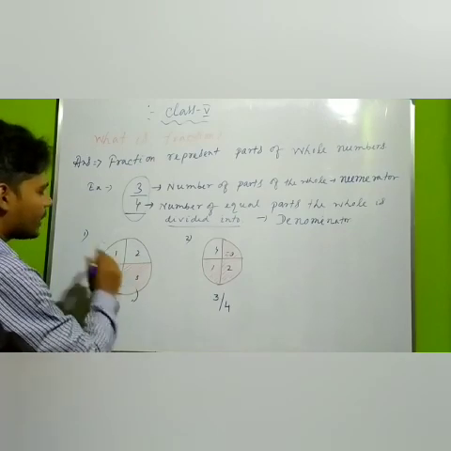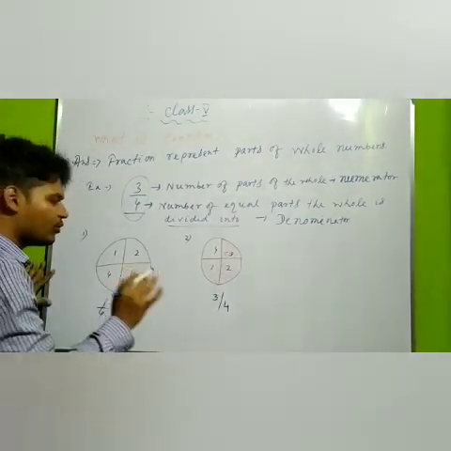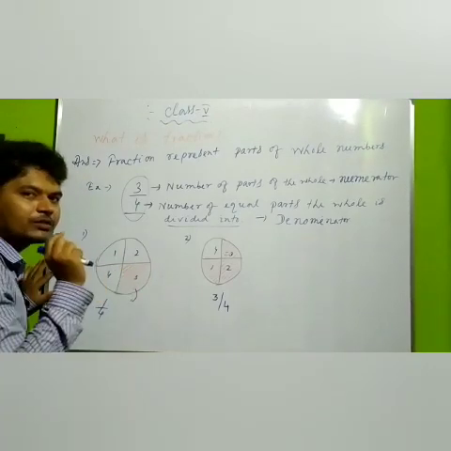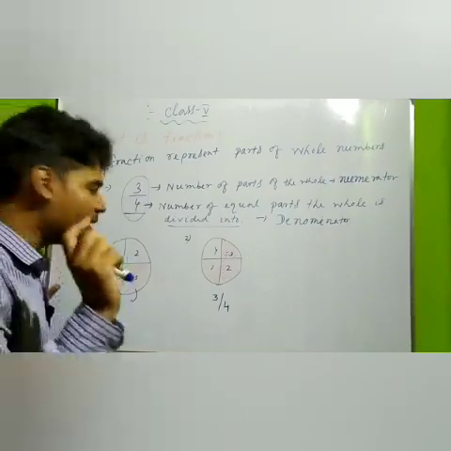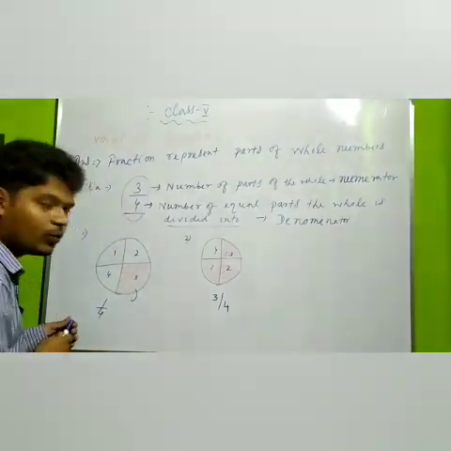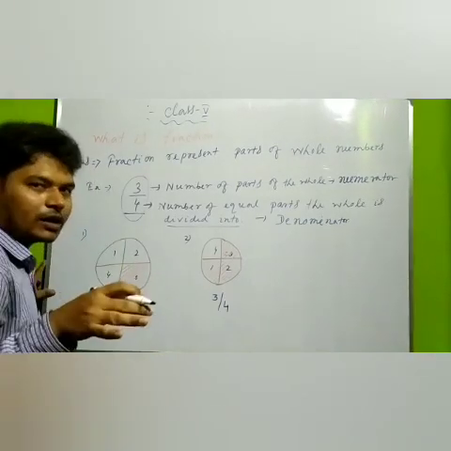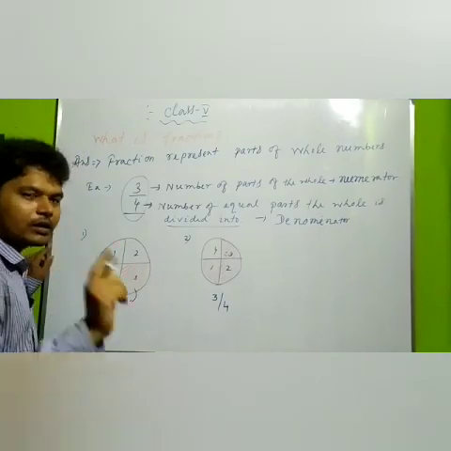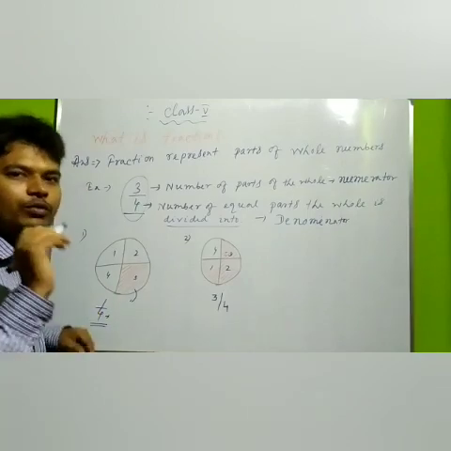If you take your birthday cake and divide this cake into 4 equal parts and you have taken only one part out of these 4, then this part which you have taken is represented by the fraction 1 by 4, where 4 is the whole number and out of this 4 you have taken one part. So this is represented by the fraction 1 by 4.